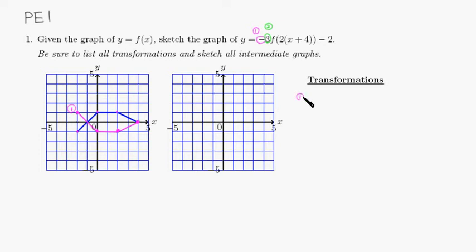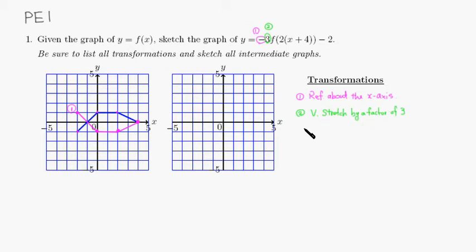The first one was a reflection about the x-axis. Next one, number 2: multiply the function by 3. The second transformation is a vertical stretch by a factor of 3.